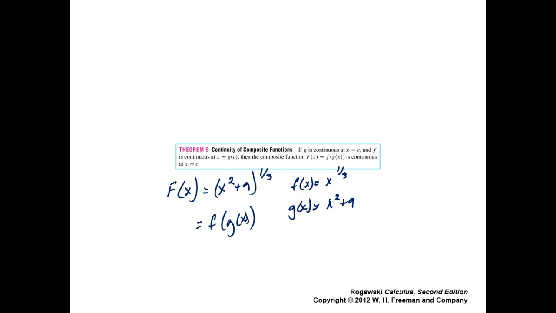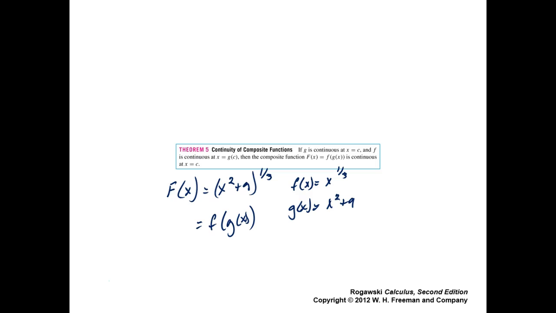What kind of function is that? Those that we named earlier: polynomial, rational, power, root, trig, exponential, logarithm. What kind of function is this? Polynomial. It's a polynomial function. Where are polynomial functions defined? And where are they continuous? All real numbers. Exactly.